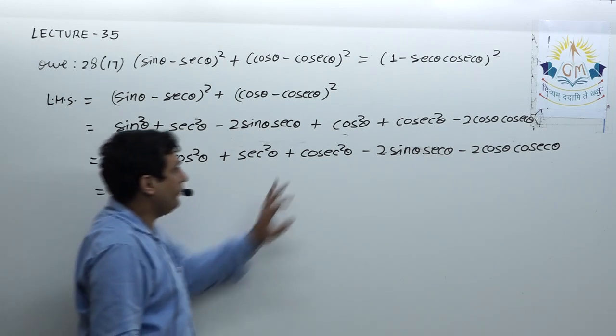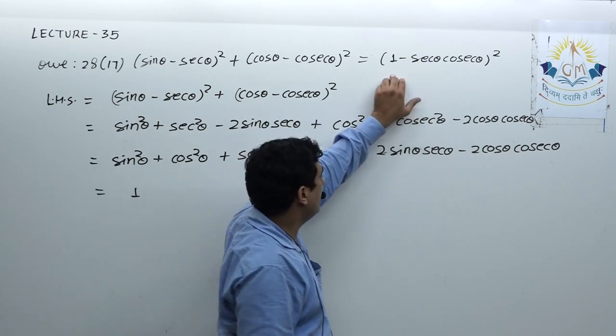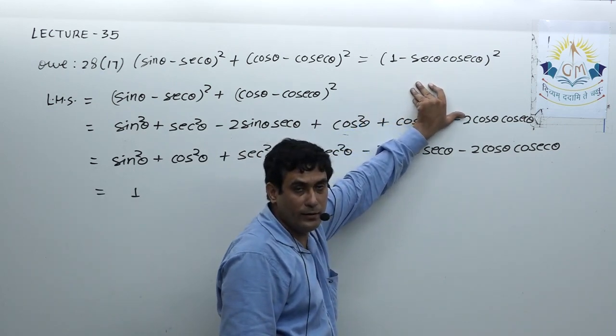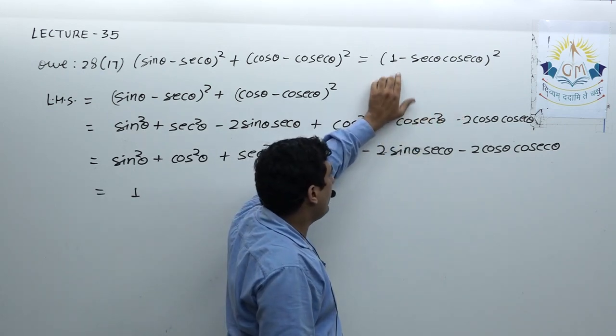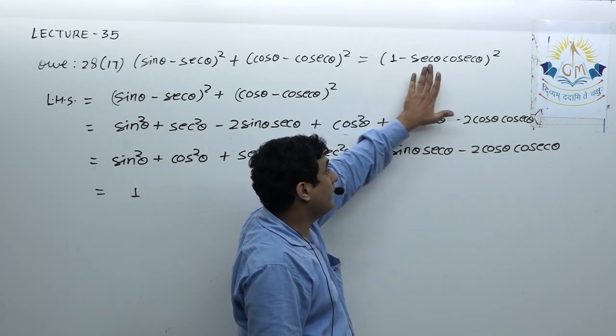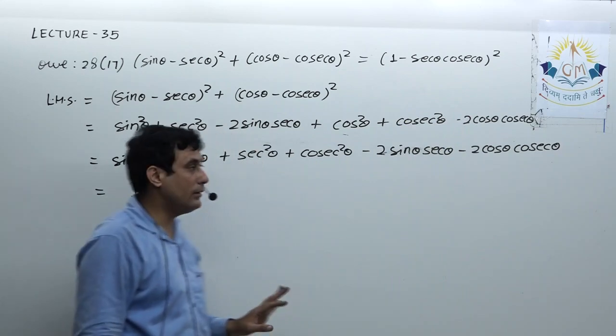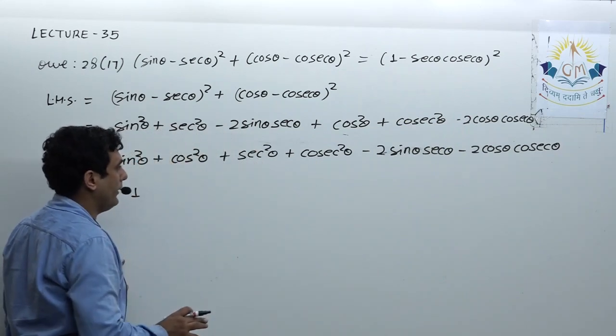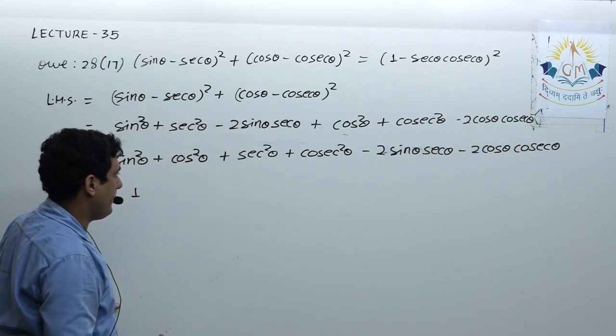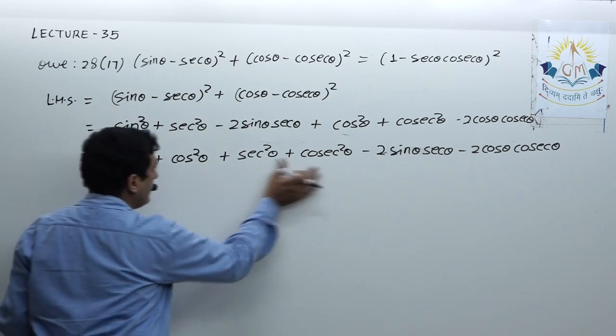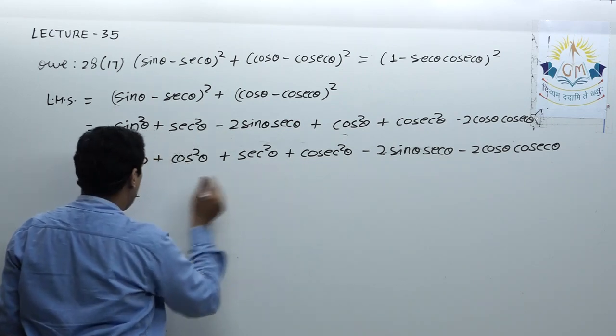See, if you observe the RHS, here it is again a complete square. So if I make it square, a square that is 1, then I should get sec square theta cosec square theta. So now I will convert these two in terms of sin and cos.